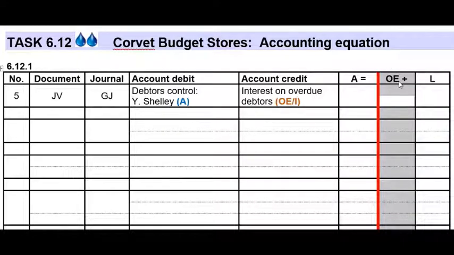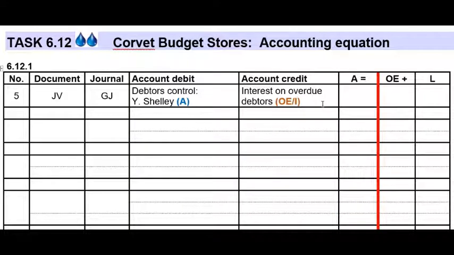Owner's equity can increase or decrease, and the easiest way to remember when owner's equity will increase or decrease is by looking at where owner's equity is affected here. If an owner's equity account is debited, then owner's equity will be a minus. And if an owner's equity account is credited, then owner's equity will be a plus.